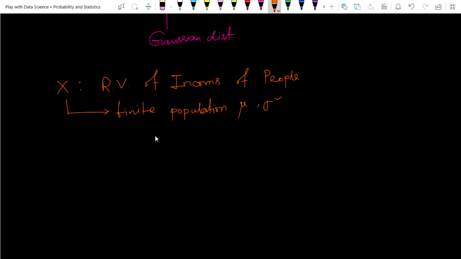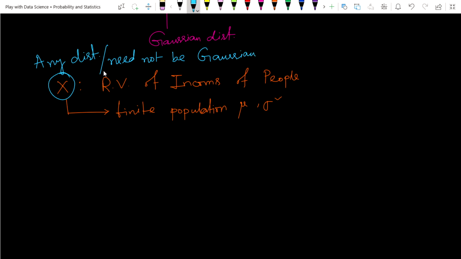We have these things for this population and distribution. This random variable X follows any distribution; it need not be a Gaussian distribution.